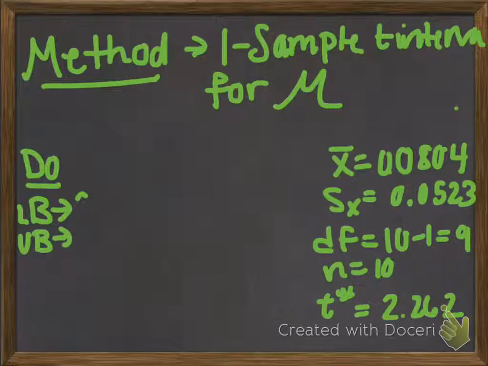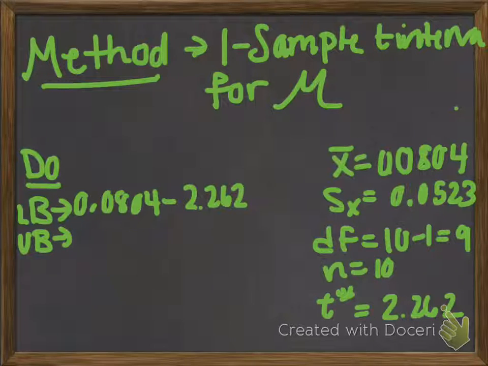We are now ready to find our lower bound and our upper bound. Our lower bound would be 0.0804 minus 2.262 times your standard deviation, Sx, divided by the square root of 10.